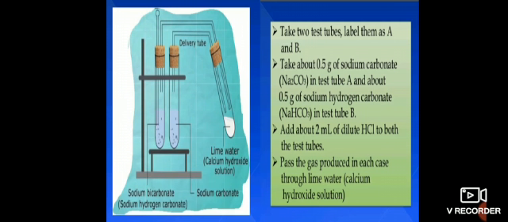Take 2 test tubes as shown in the figure, label them as A and B. Take about 0.5 gram of sodium carbonate in test tube A and about 0.5 gram of sodium hydrogen carbonate in test tube B. Add about 2 ml of dilute HCl to both the test tubes. Pass the gas produced in each case through lime water. So lime water means calcium hydroxide solution.